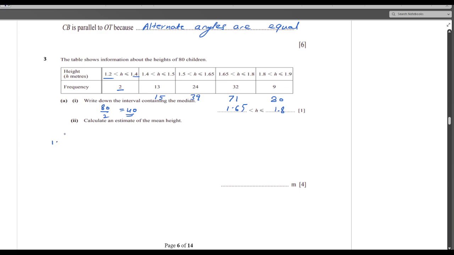So it is 1.3 multiplied by 2, plus the midpoint of 1.4 and 1.5, which is 1.45, so 1.45 times 13, plus the midpoint of 1.5 and 1.65, so 1.5 plus 1.65 divided by 2. The total is 63 divided by 40, which is 1.575.